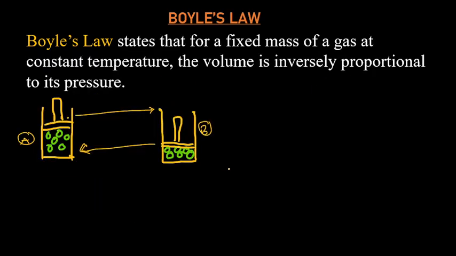Now let's look at this. This is a container, and this is a piston. This is container B, the same container, but a different scenario. Now what is happening here?